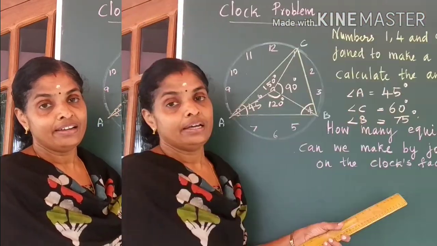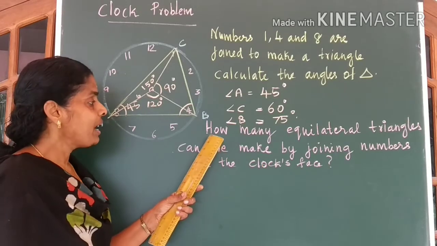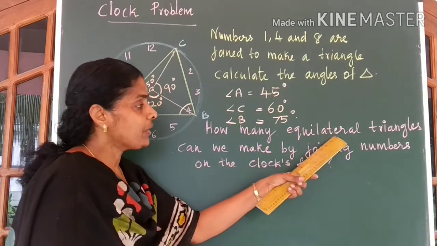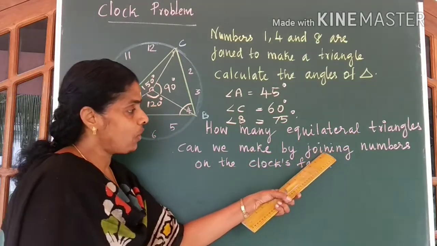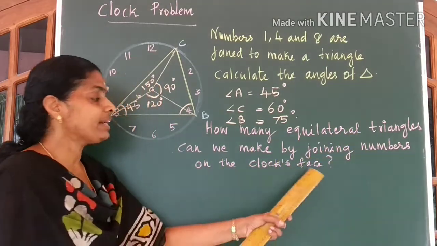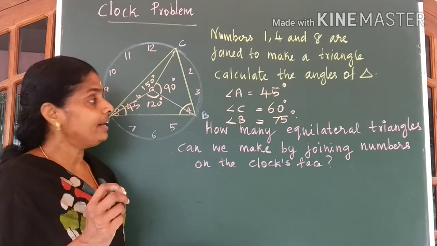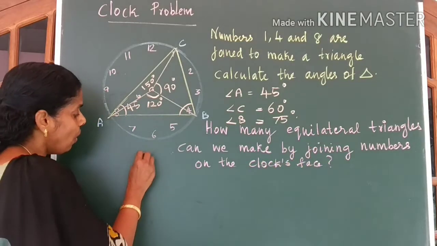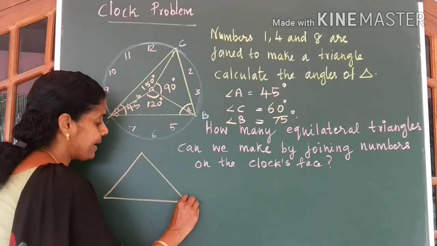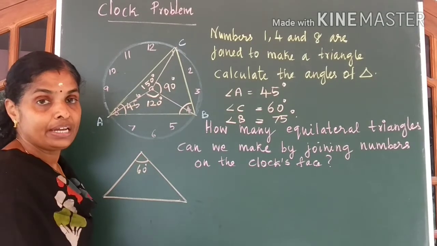Clear? Look at the second part of the question. How many equilateral triangles can we make by joining numbers on the clock face? Now we know to get an equilateral triangle, we should get all angles of the triangle to be equal to 60 degrees.